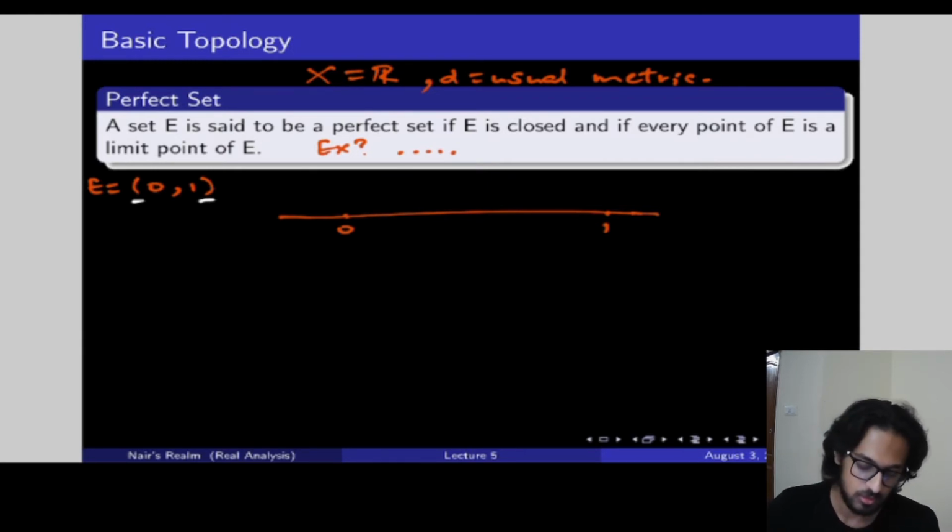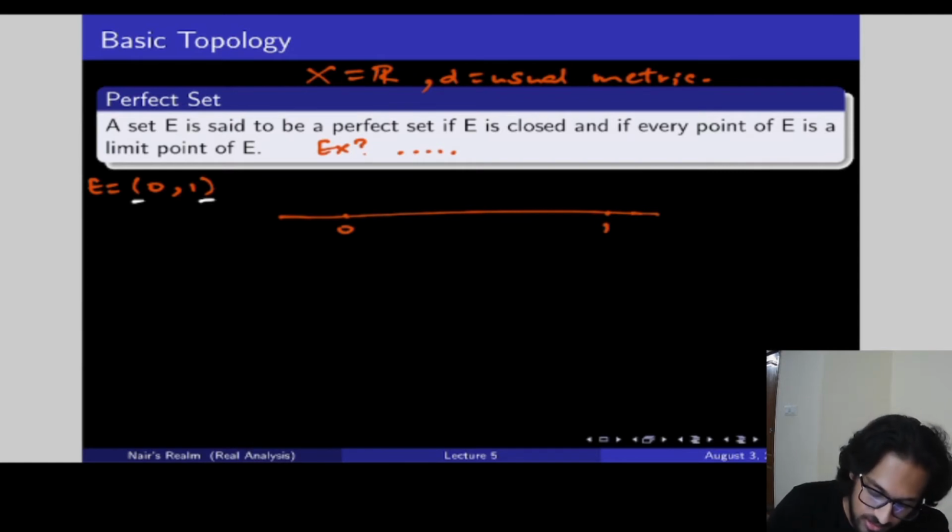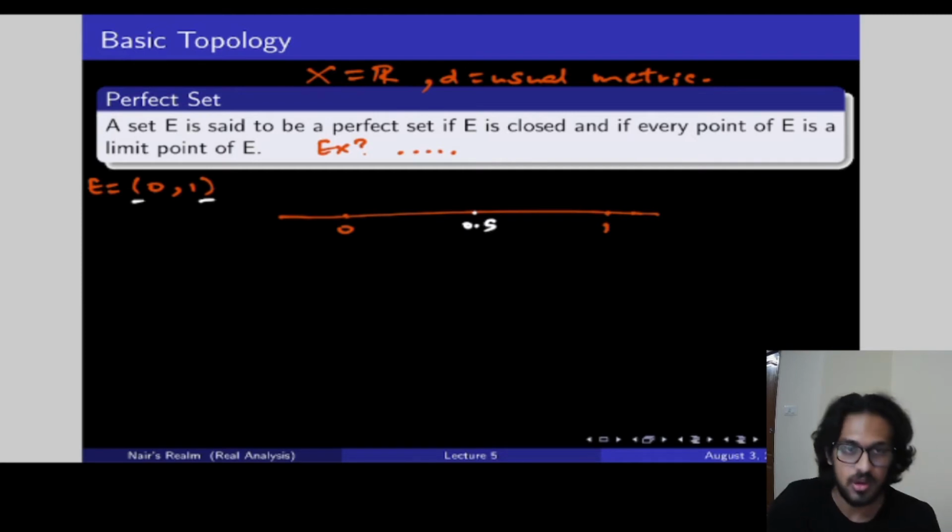Now, let's see how I conclude whether this is an open set or a closed set. What are the limit points of this set? Let's first discuss that. We discussed already that 0.5 is a limit point. Are there any other limit points? Actually, if you check, every point between 0 and 1 will be a limit point because of the same reason why 0.5 is a limit point.